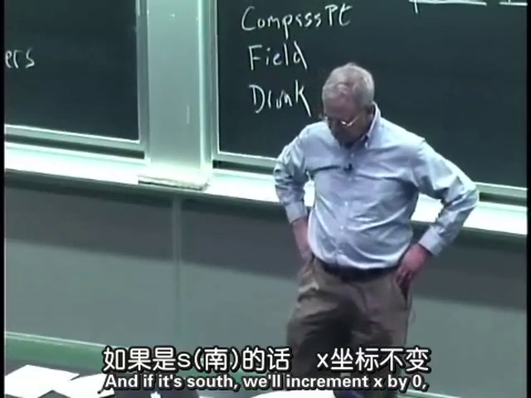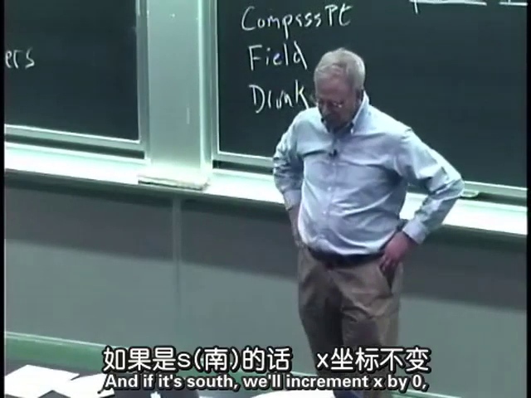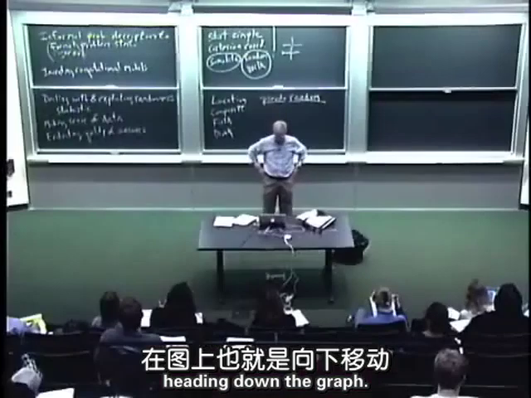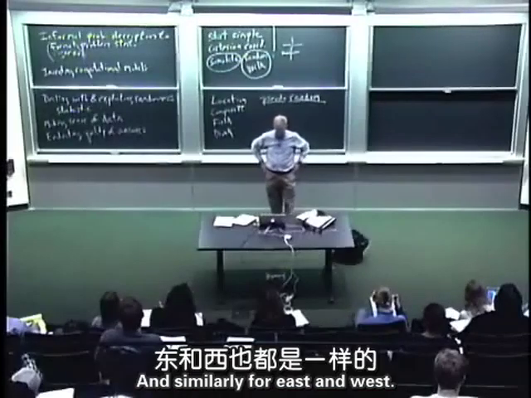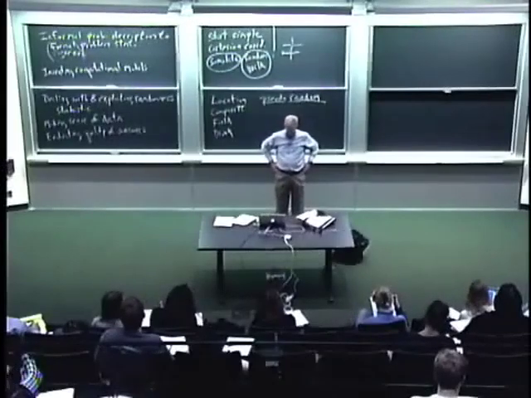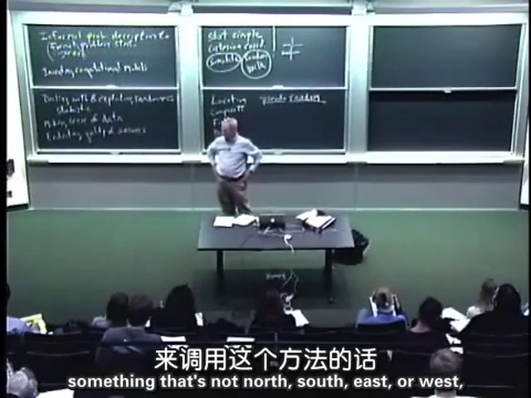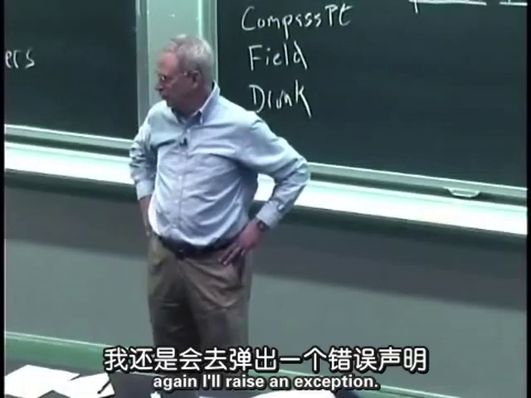And if it's south, we'll increment x by 0 and increment y by minus distance, heading down the graph. And similarly for east and west. And in the sad event I call this with something that's not north, south, east, or west, again, I'll raise an exception.